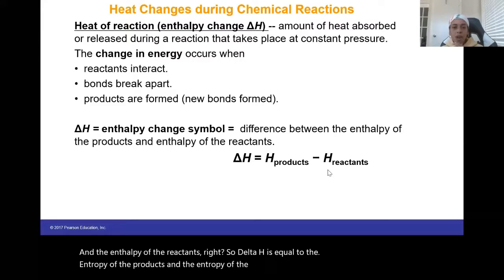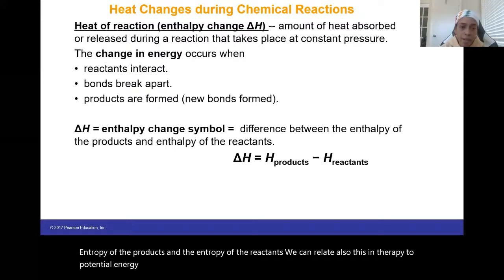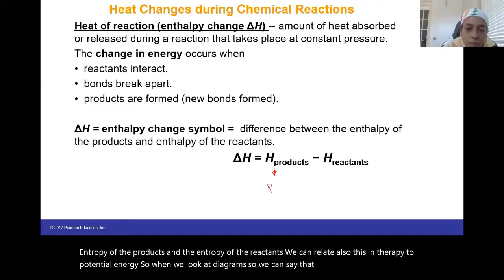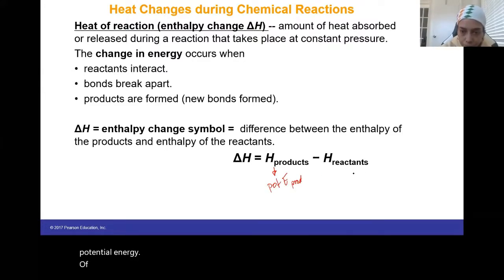We can relate also this enthalpy to potential energy. So when we look at diagrams, we can say that the H of the products is the potential energy of the products, and the H of the reactants is the potential energy of the reactants.